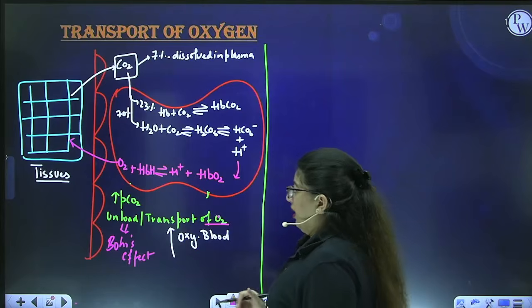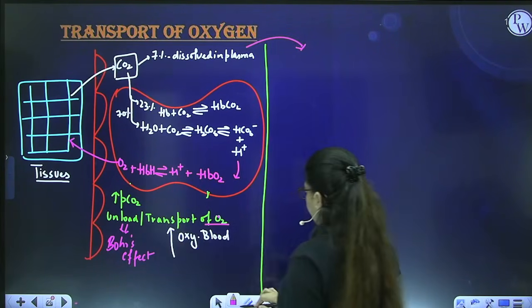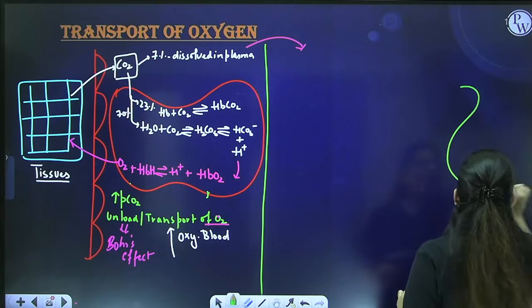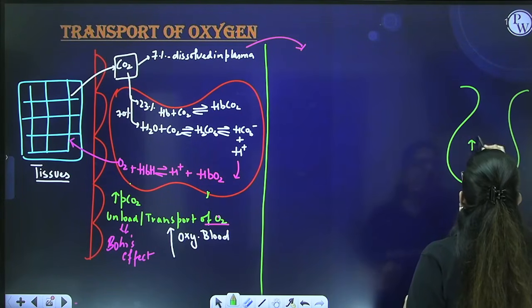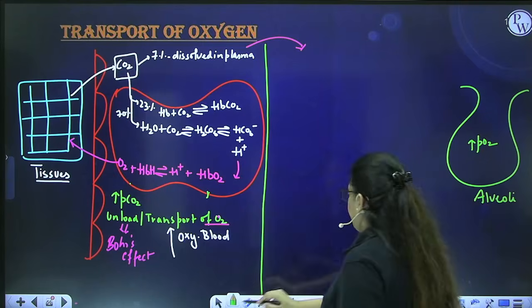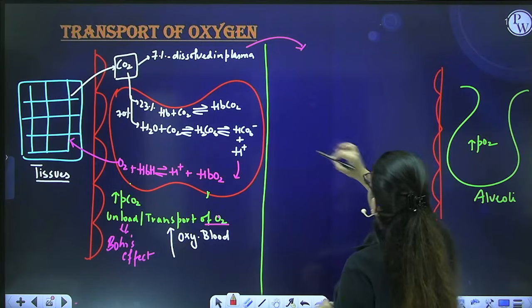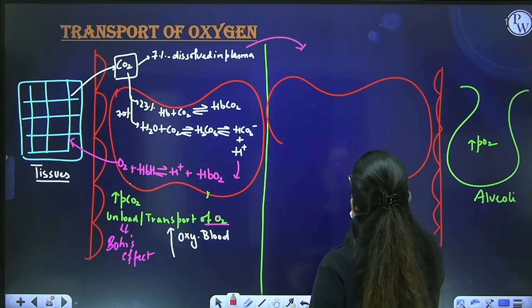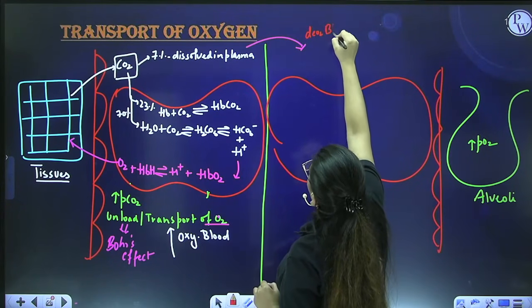Bohr's effect. Now this same blood is going to the alveoli. Whatever is formed is going to the alveoli. In the alveoli, the partial pressure of oxygen is more. This is the endothelium, and this is the RBC. This RBC is coming and it is part of deoxygenated blood.